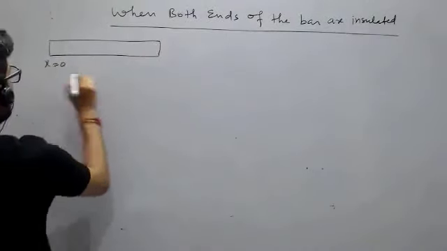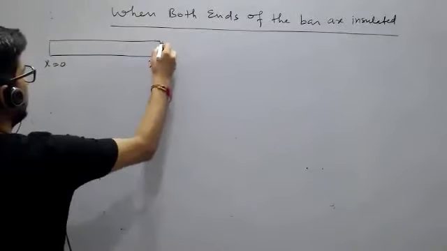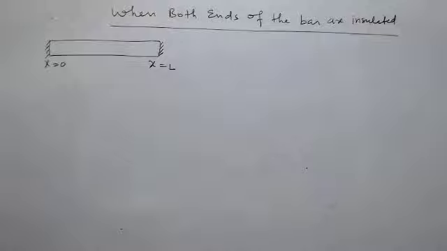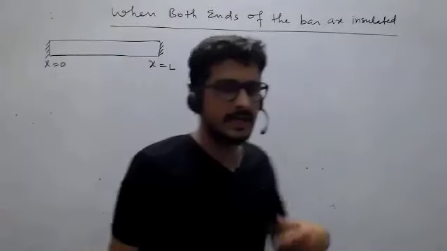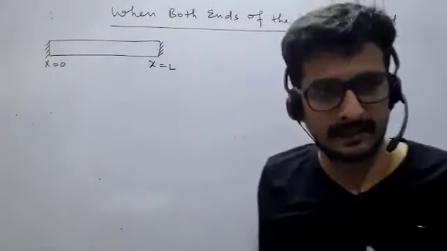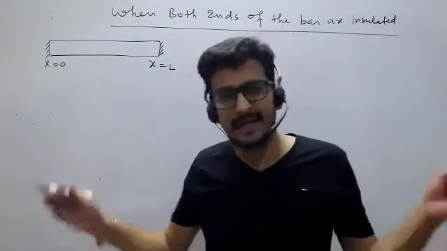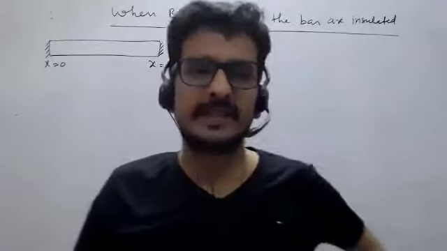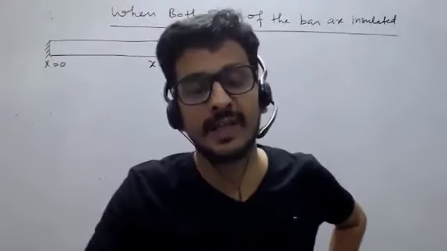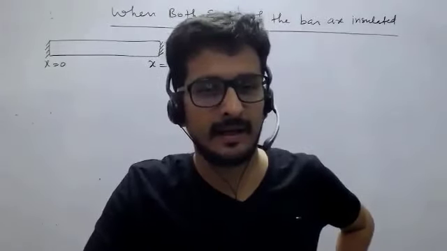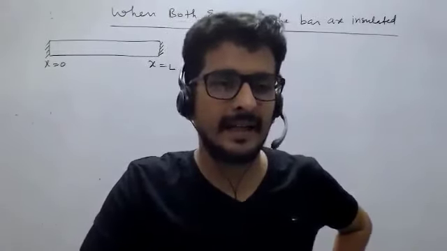This is x is equal to 0, this is x is equal to L, and this end is insulated this time. Okay, so the ends are insulated means that there is no change in the profile of u with respect to distance. पहले ends were at 0 degree Celsius, that means there was no change with time, because suppose you have kept the ends in the ice.